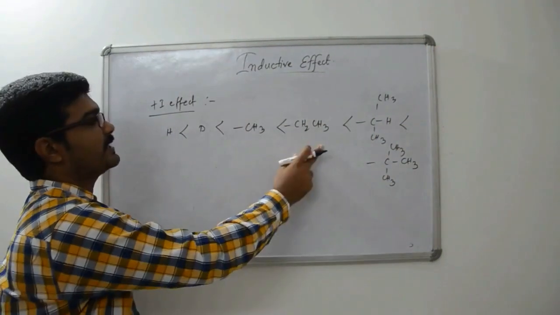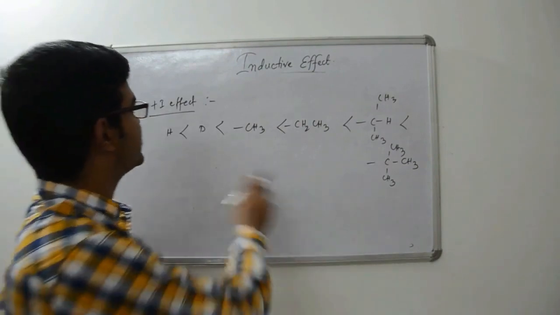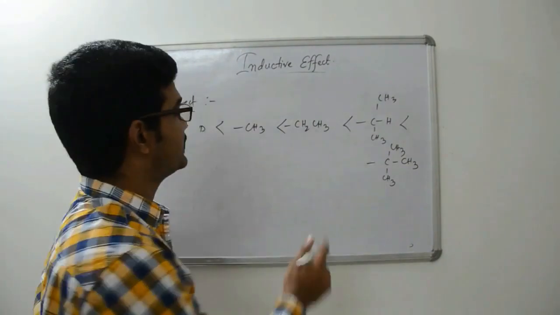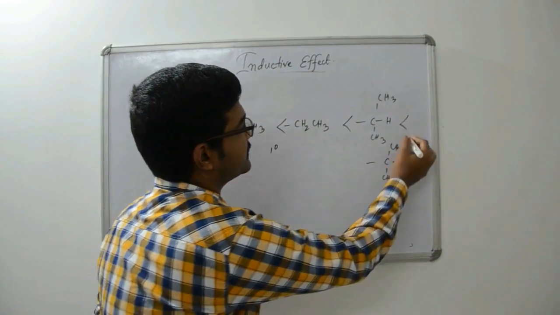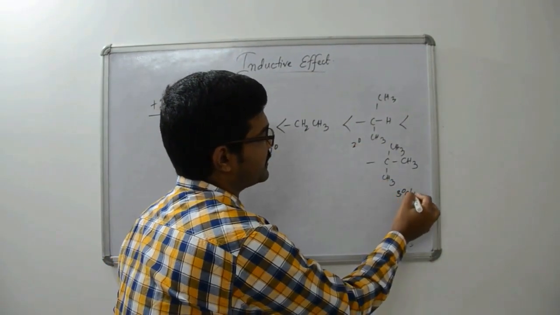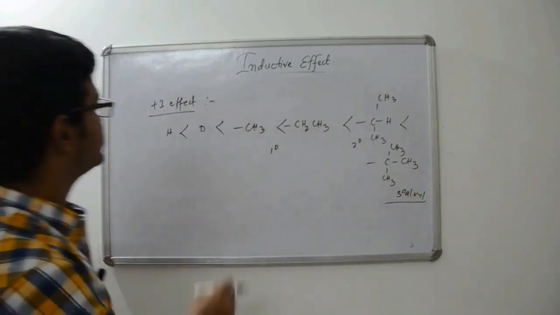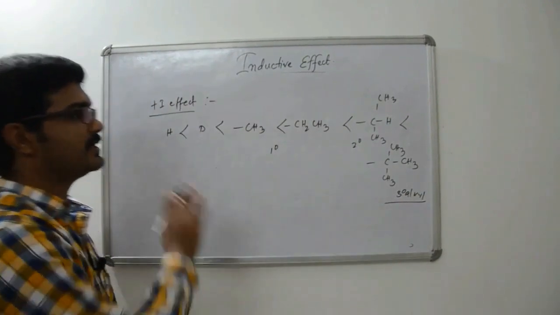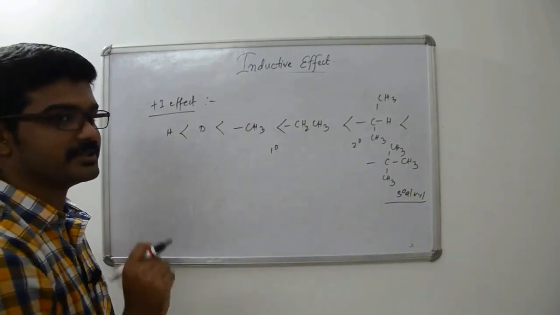As the number of alkyl carbons increases, the plus I effect increases. So this is 1 degree, this is 2 degree, this is 3 degree alkyl. Right? So as we move from left to right, the plus I effect increases.